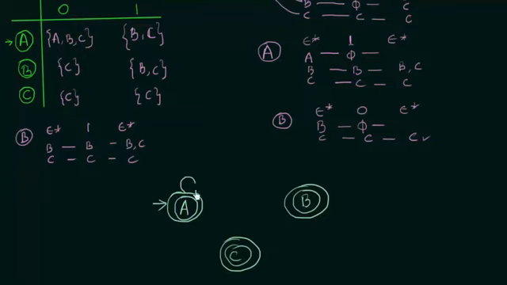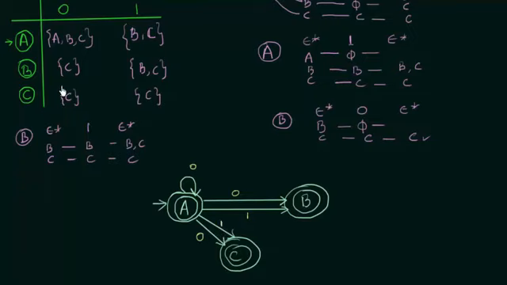It goes to A itself, and also to B, and also to C. Is this possible? Yes, this is very much possible because this is an NFA. And on input 1, where does A go? On input 1, A goes to B, and also to C.